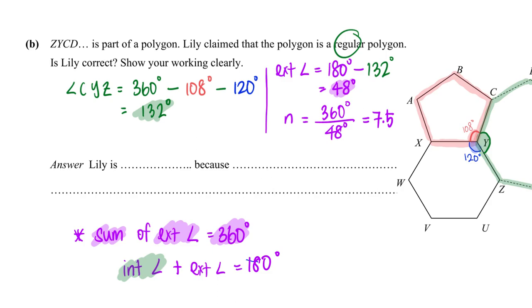But we all know the number of sides cannot be a decimal, right? It has to be a whole number or a positive integer. So Lily is wrong. Why? Because n, which is equal to 7.5, is not a whole number.